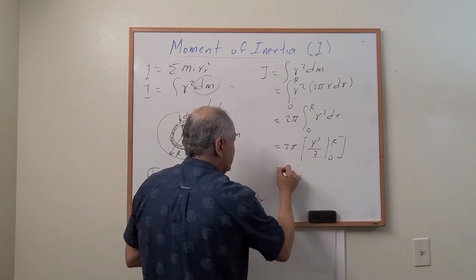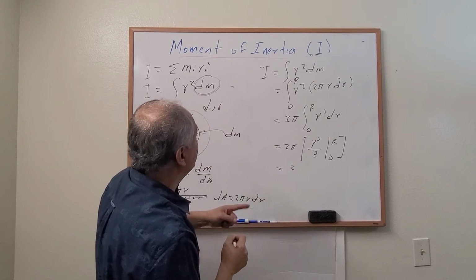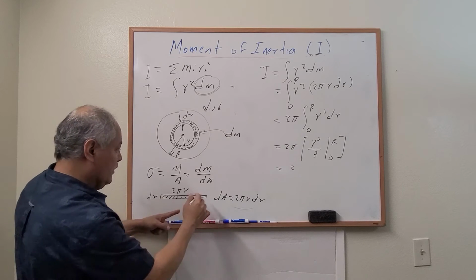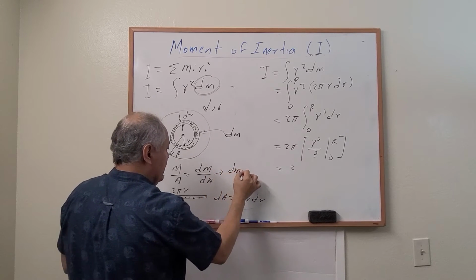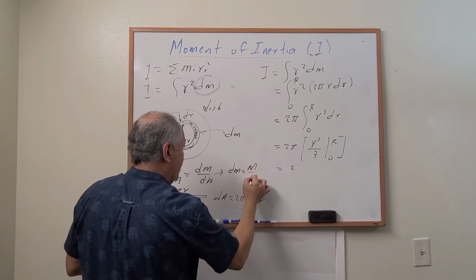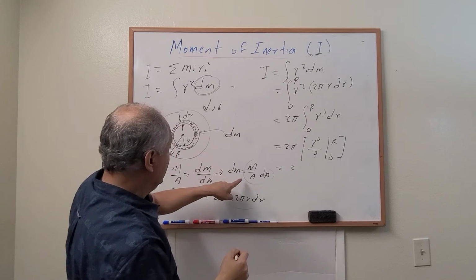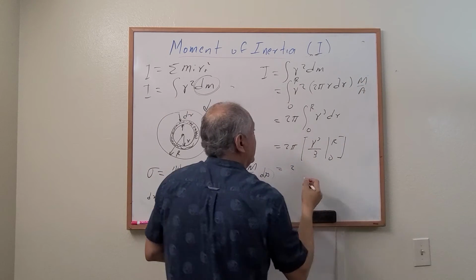So this is equal then to 2 pi. I forgot something right here. It looks like something is missing for the A. Look at the end. I remember for the M, the M is equal to M over area times the A. Correct. So I'm missing mass over area right here, the same thing right here.